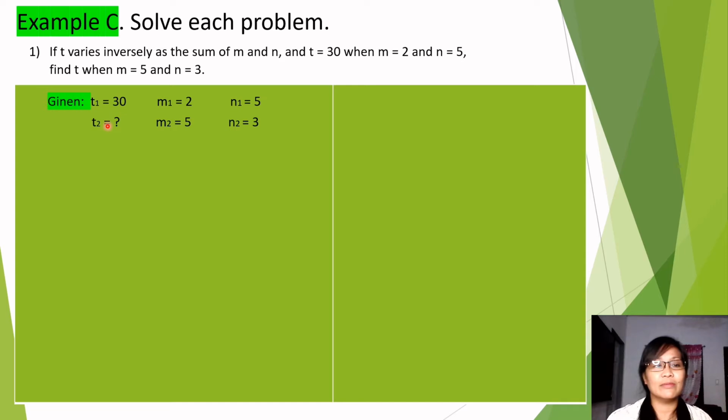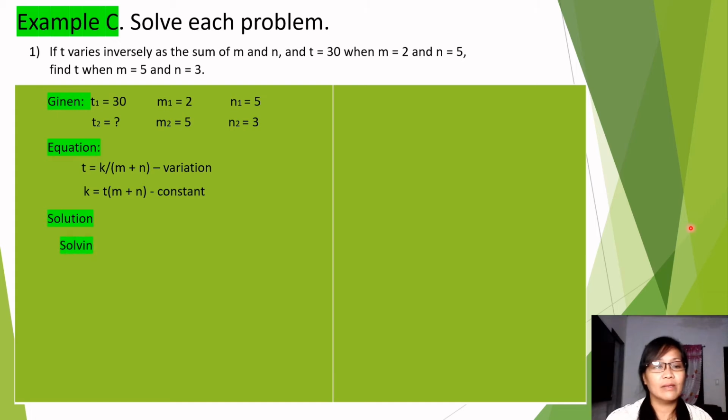And T sub 2 is our unknown. M sub 2 is equal to 5, and N sub 2 is equal to 3. Equation: T varies inversely as the sum of M and N. So we have T is equal to K all over M plus N. And for our constant, K is equal to T times M plus N.